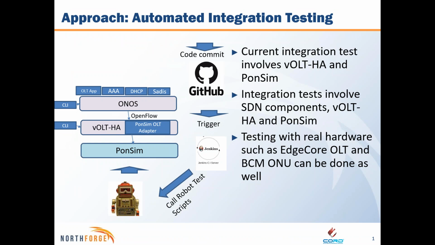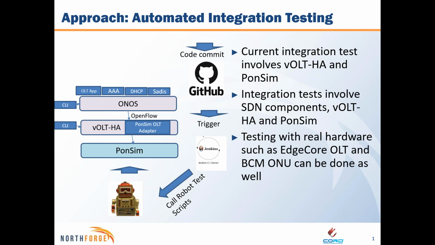Okay, so first of all, just two slides coming from the North Forge proposal to the community. Here we see a general description of the approach of the automated integration testing. We can see here the system that we're going to test. The system is composed of Voltha with a Ponzi multi-adapter, communicating with Ponzi, and there is an SDN controller on top of that with the relevant applications.